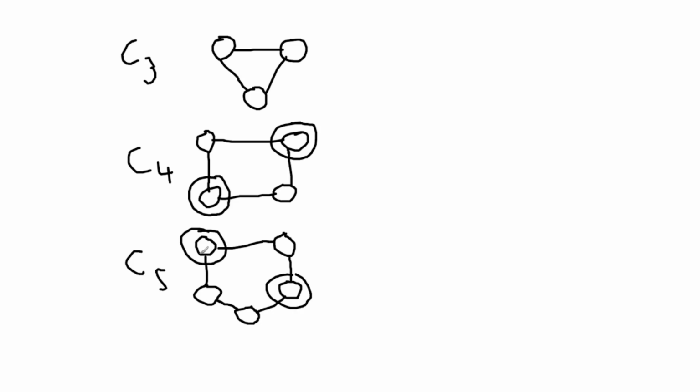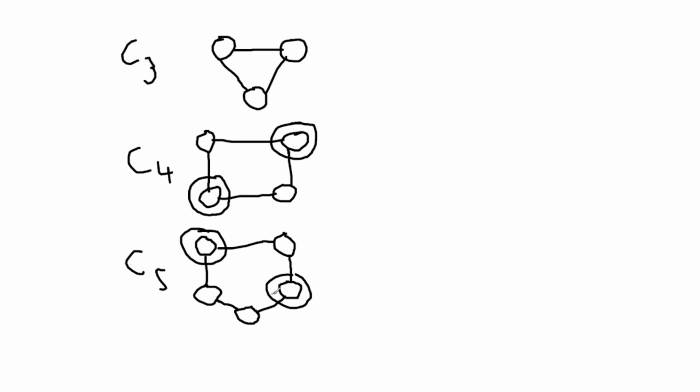We want the circled ones to have no edges between each other, and that happens as long as they're like this. But the remaining ones that are not circled must also have no edges between each other, and that doesn't happen because these two do have an edge. If we circled one of these two, then the circled ones would have an edge between each other. So both ways it wouldn't work.